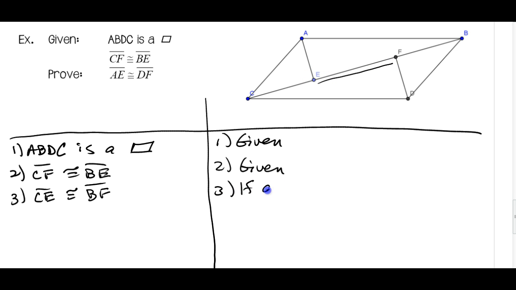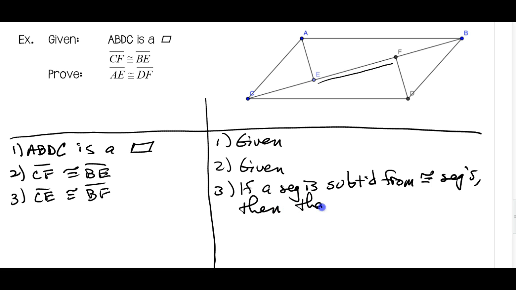So if a segment is subtracted from congruent segments, then the differences are congruent.